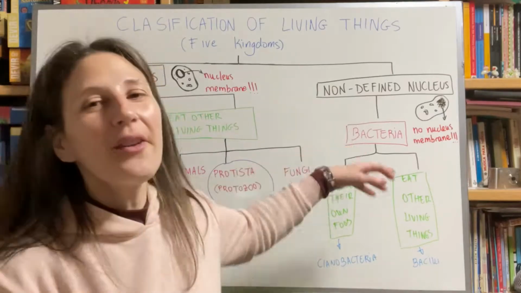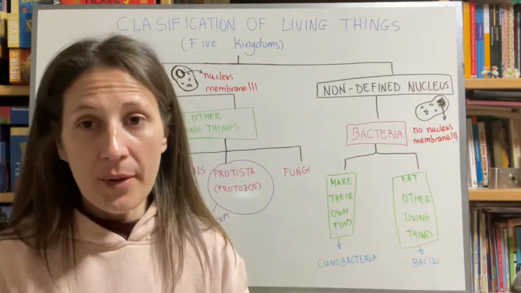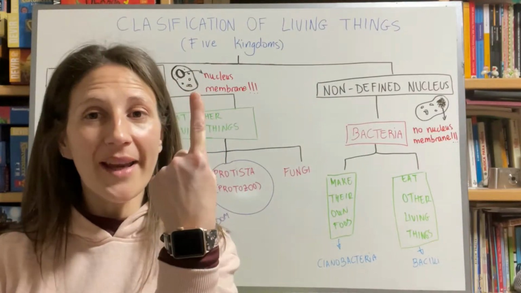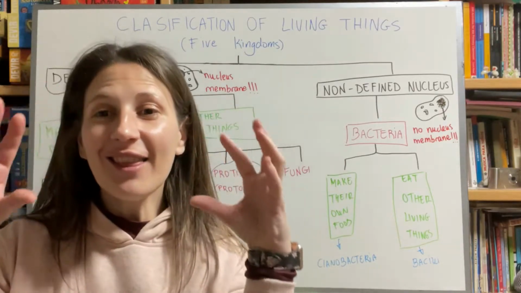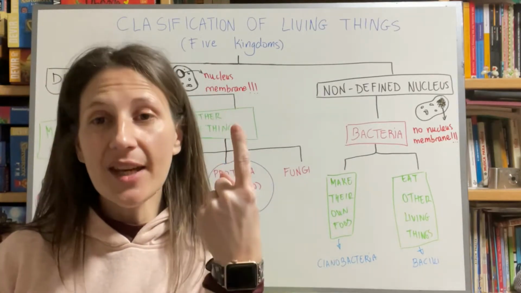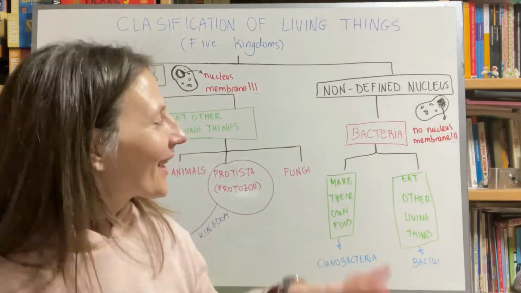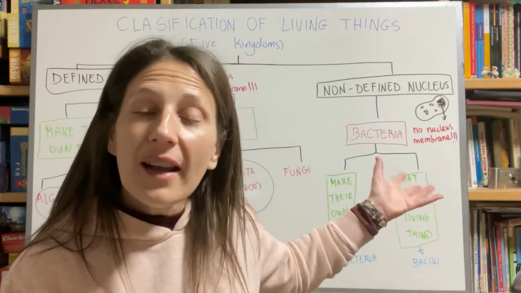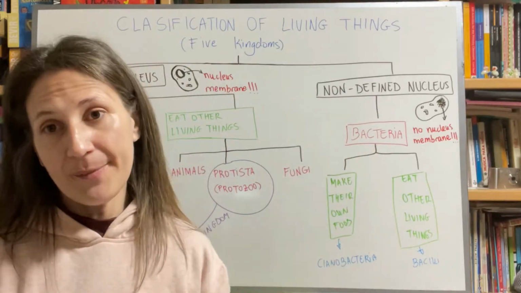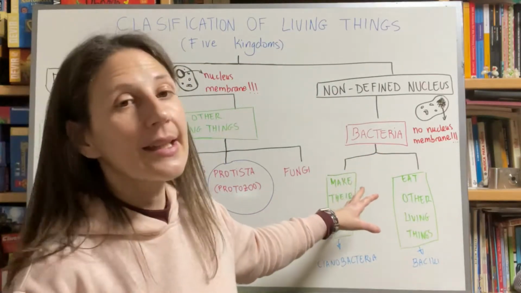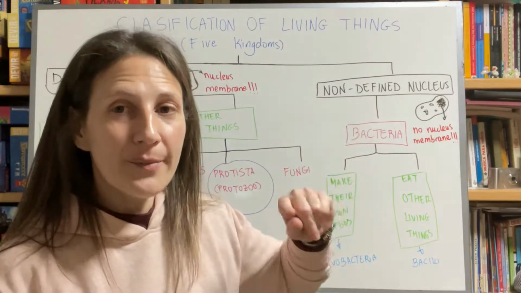And then also we have the non-defined nucleus kingdom. And in here we find bacteria. Remember that bacteria doesn't mean one. Bacteria means a lot of. 1 bacterium, 2 or 3 or a million bacteria. In bacteria, they are a little bit peculiar, a little bit special. Why? Because we can find 2 kinds of different bacteria.